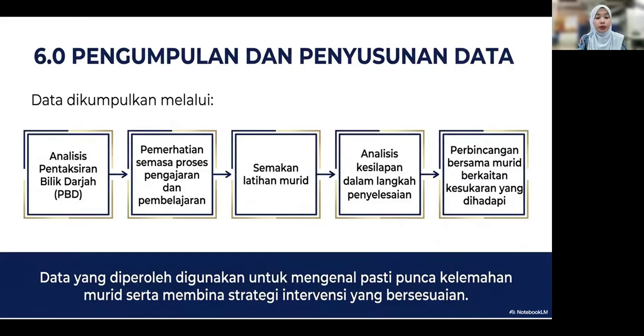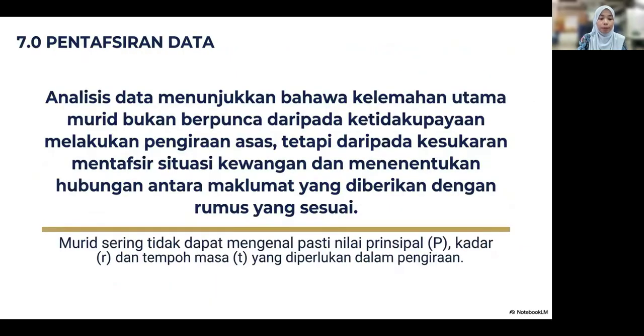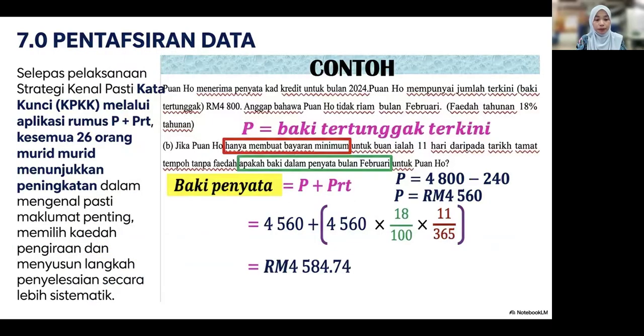Data were collected through classroom assessment analysis, classroom observation, students' exercises, error analysis, and discussion with students. The data helped me identify students' difficulties and plan a suitable intervention. The analysis shows that students' weakness was not calculation ability, but their difficulty in interpreting information and choosing the correct formula.